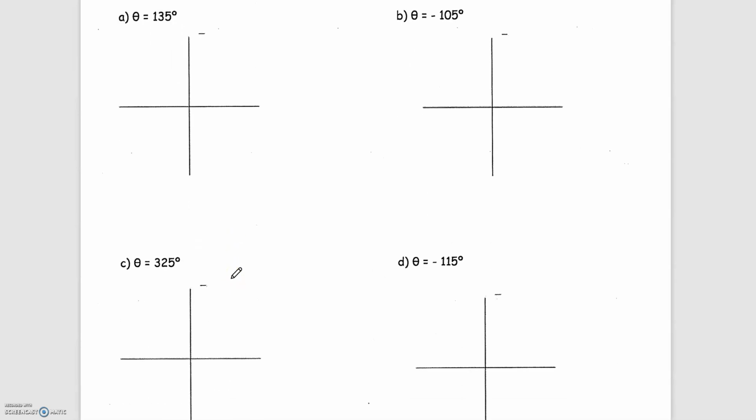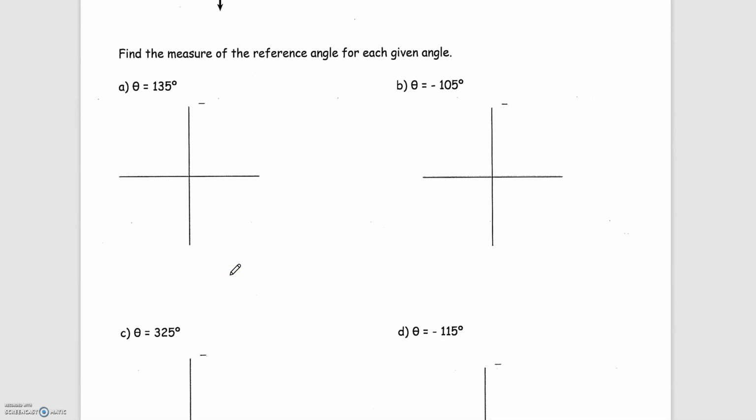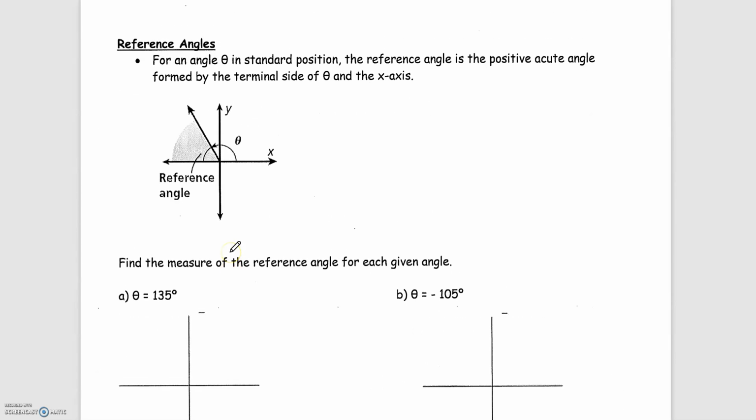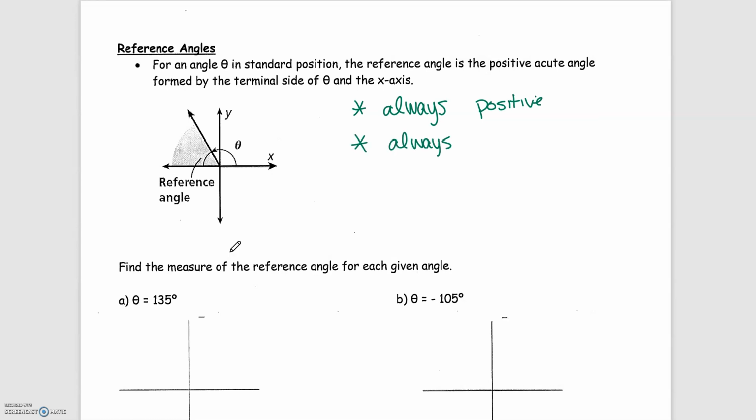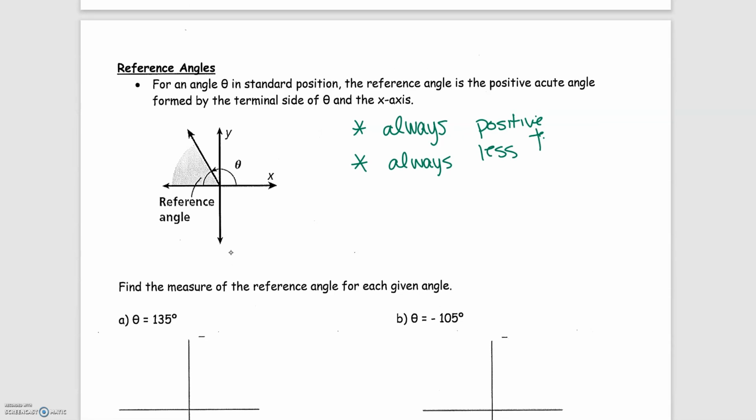All right, so reference angle. We're going to do what we did last time, and we're going to draw it. Our reference angle is always positive, always less than 90, and always the shortest distance to the x-axis, so either 180 or 360.